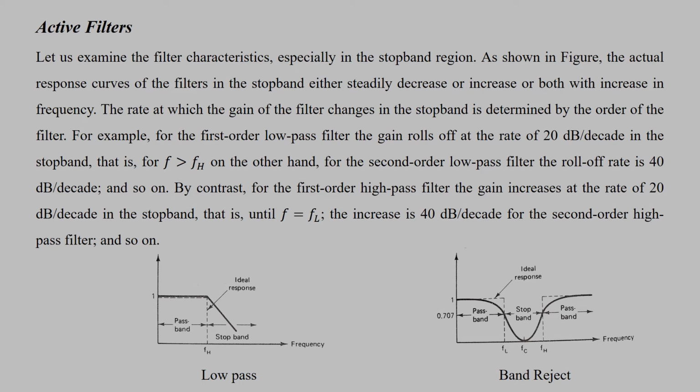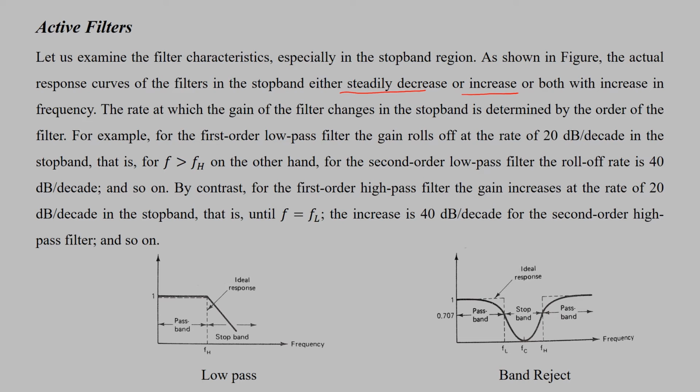So now we will examine the filter characteristics, especially in the stop band region. The actual response of the filter in the stop band either steadily decreases or increases or both with increase in frequency.